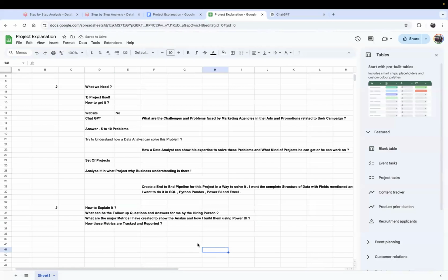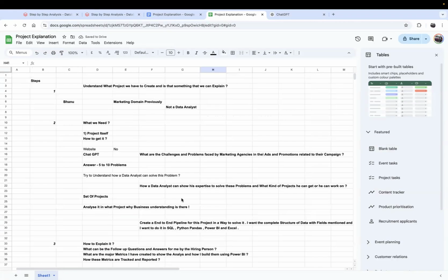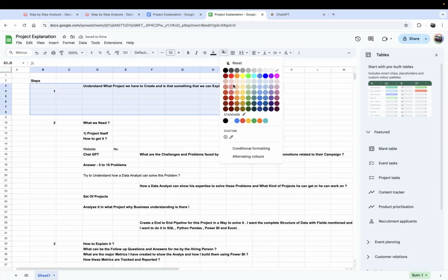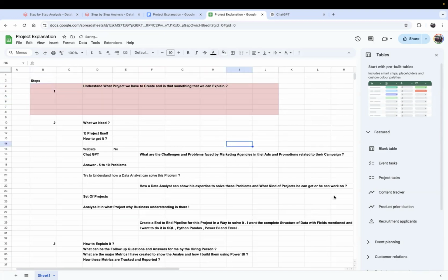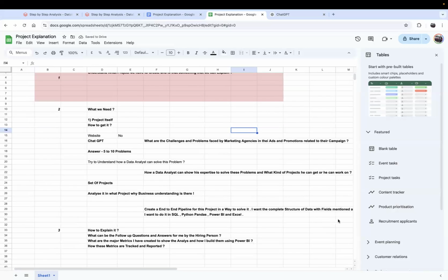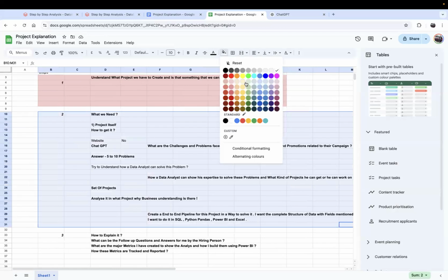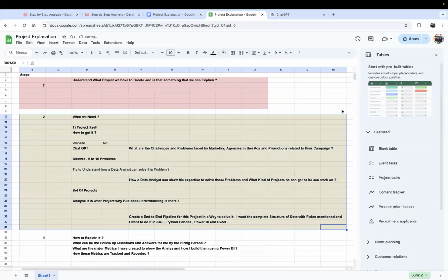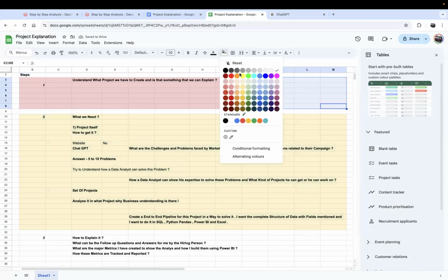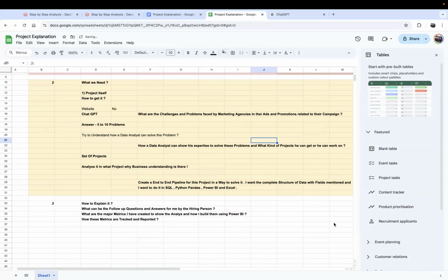These are the 3 steps that you need to crack the problem of explaining the project. So this is the step 1. This is your step 2. And this is your step 3.